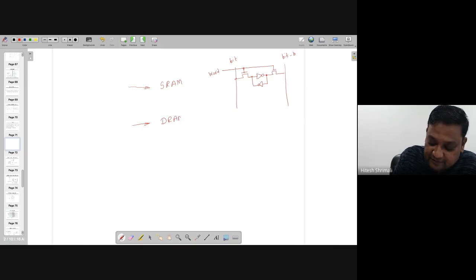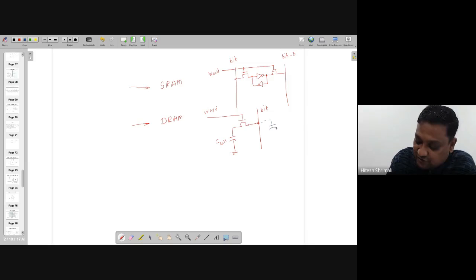And in the case of DRAM, it's dynamic data where you can read the data on a capacitor, and of course it's a ratio of C bit to C cell, right?